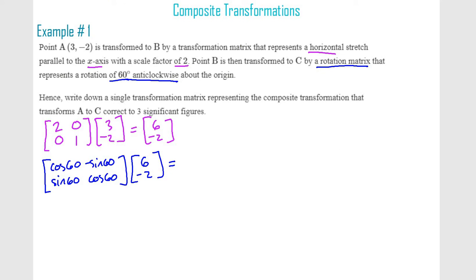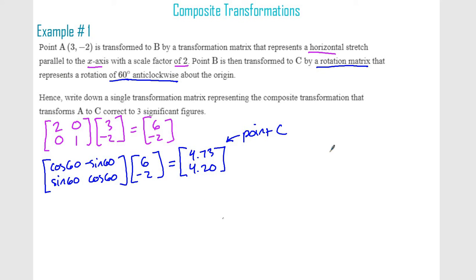I want to do exact, though. Well, I guess I don't need to right now because I'm asking for the single transformation matrix. Either way, we know the final point would be 4.73, 4.20. Okay, so that's our new point, point C.